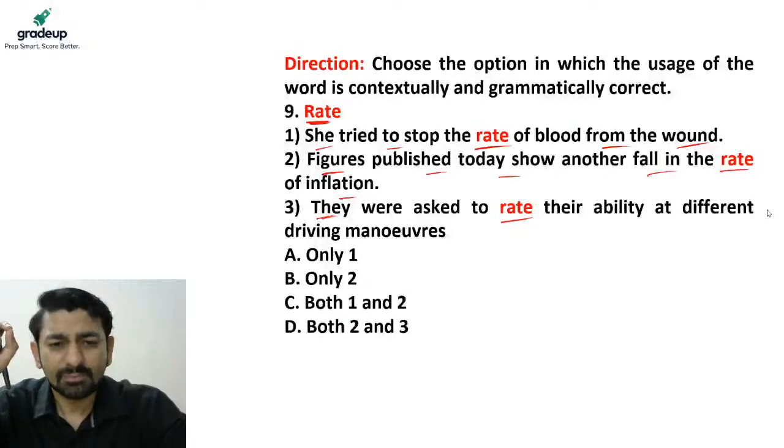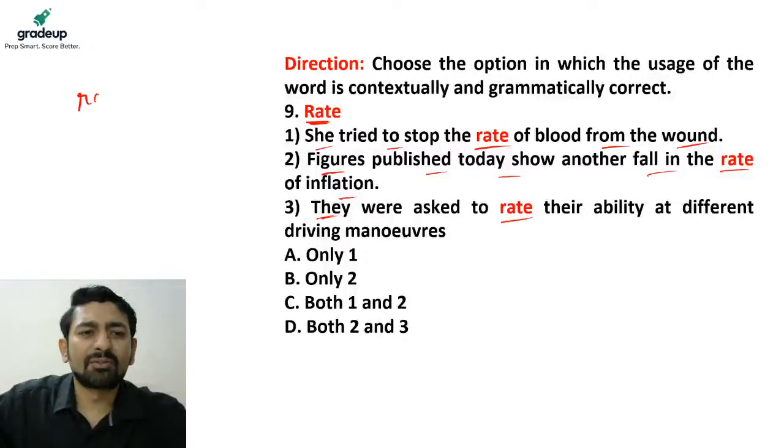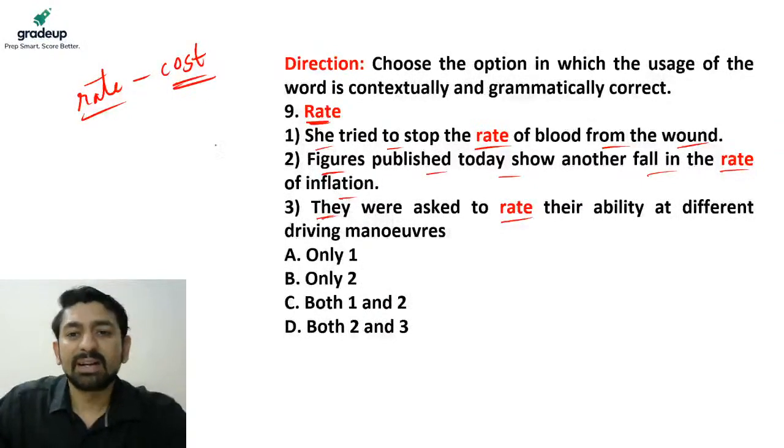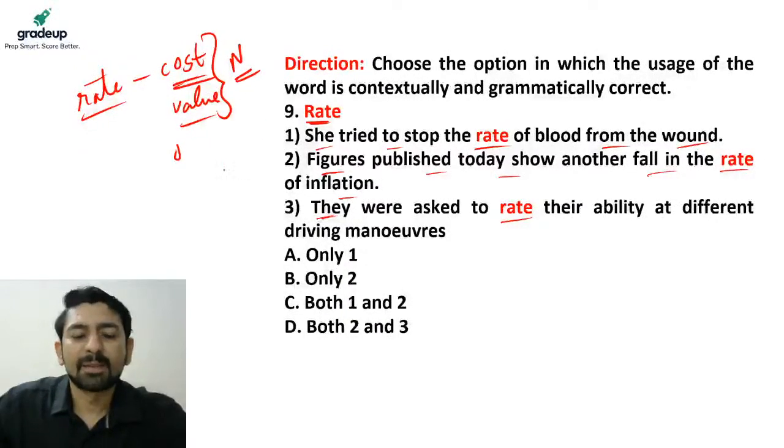So let's come to this question here. What is the meaning of rate? Rate can mean cost, or you could also say value. Here, cost and value are being used as a noun.